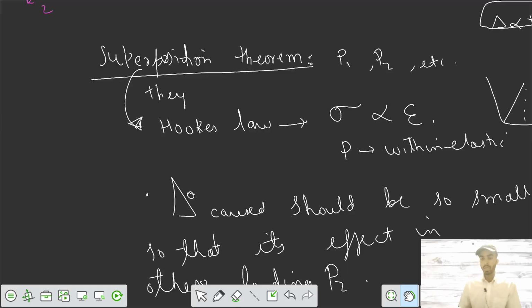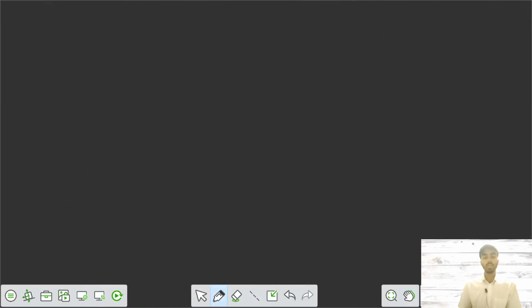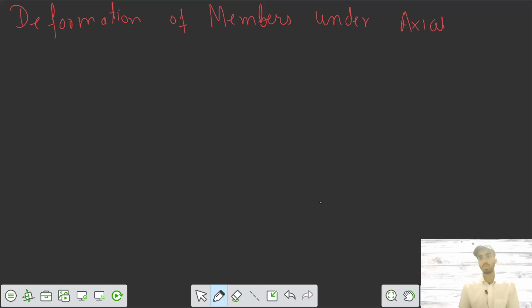Now, your main topic in the first chapter was deformation of members under axial load.